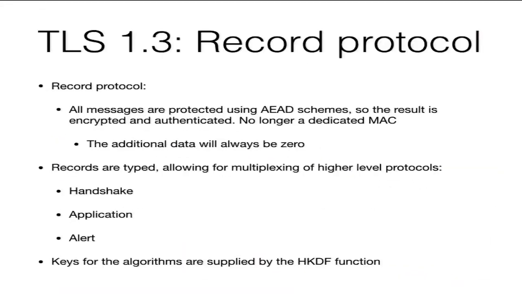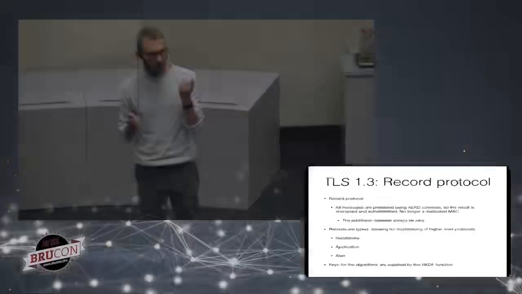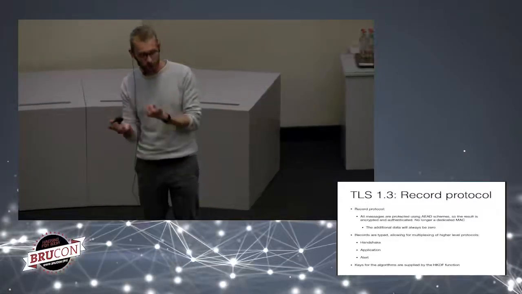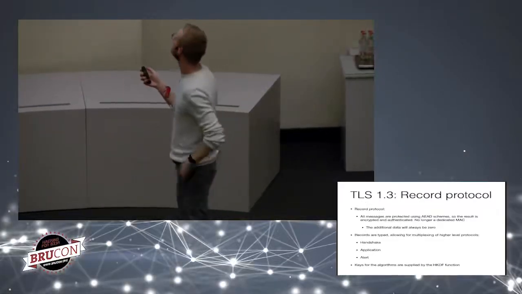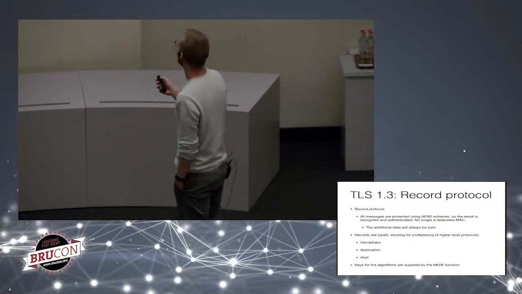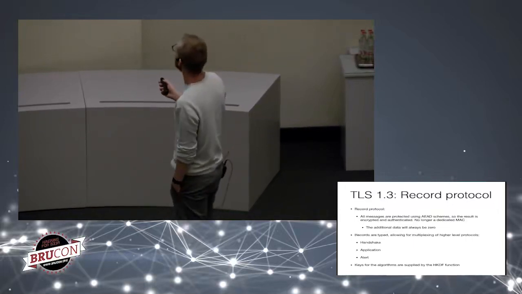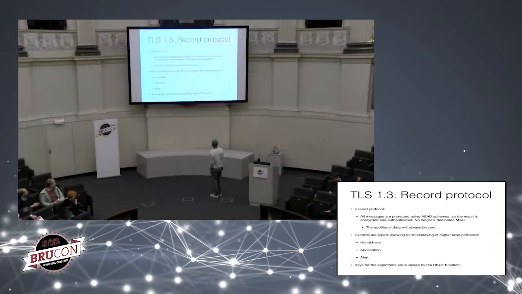So let's quickly look at the TLS 1.3 record protocol, which is the protocol implementing this notion of a secure channel. In the record protocol, all messages in TLS 1.3 are protected using an AEAD scheme, meaning, for example, the use of GCM. So we no longer require a specific MAC function or MAC construction. Why?